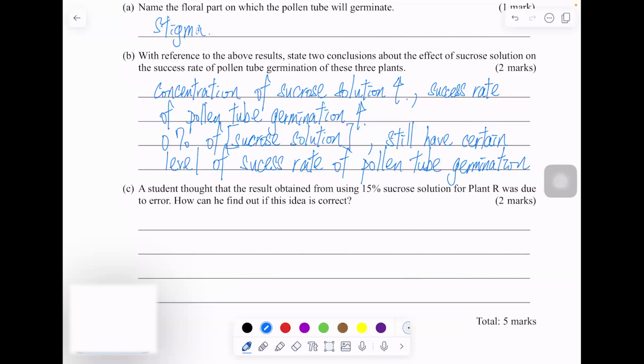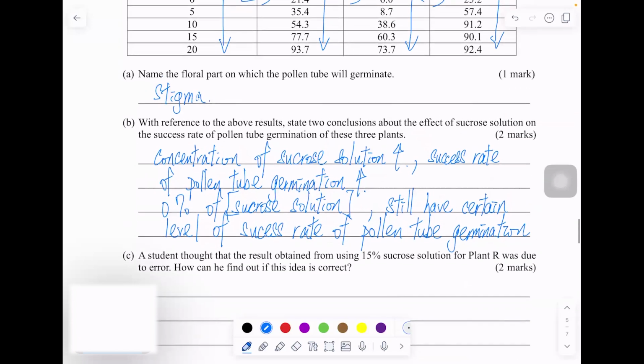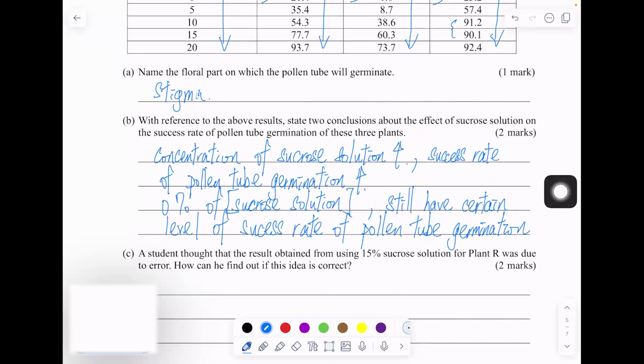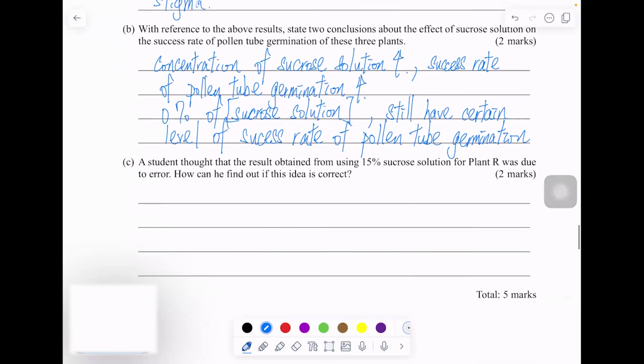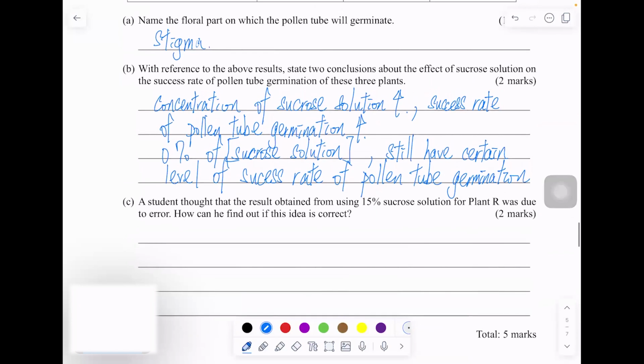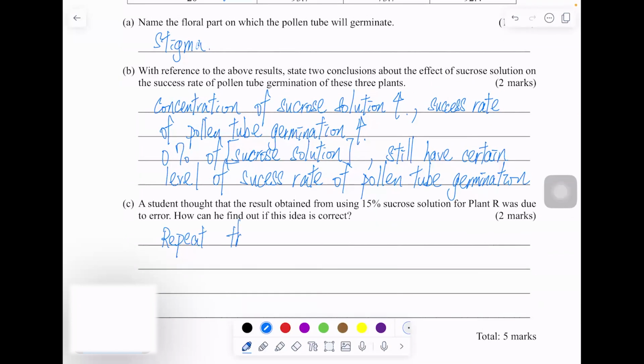We can see there is a drop in the data. So how can he do it? In fact, he can repeat the experiment several times.